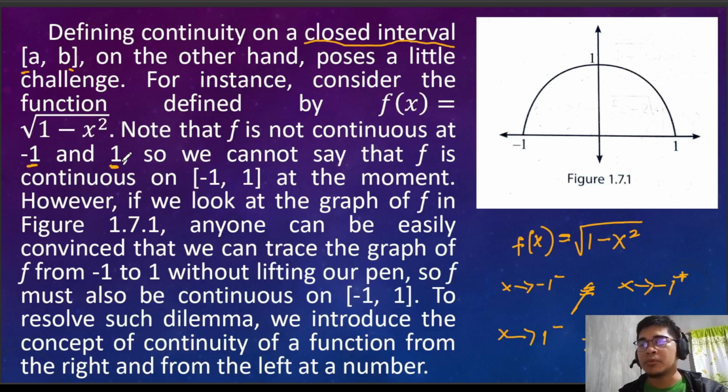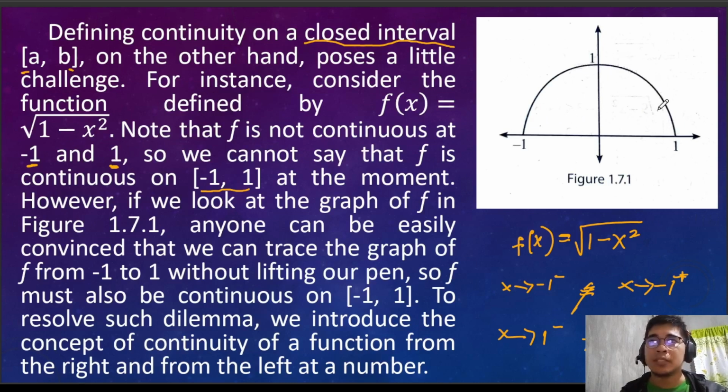So manaybot pasabot nga f is not continuous at negative 1 and 1. So we cannot say that f is continuous in a closed interval of negative 1 and 1 at that moment. So dili ta makaingon. Pero kung atong tan-aw ang graph here, makita nato, masabta nato nga matrace nato ang graph gikan sa negative 1 padung sa positive 1 without lifting our pen.